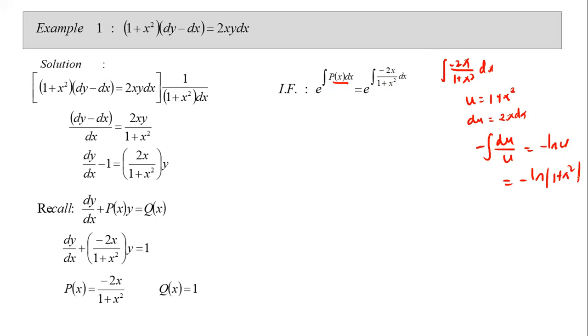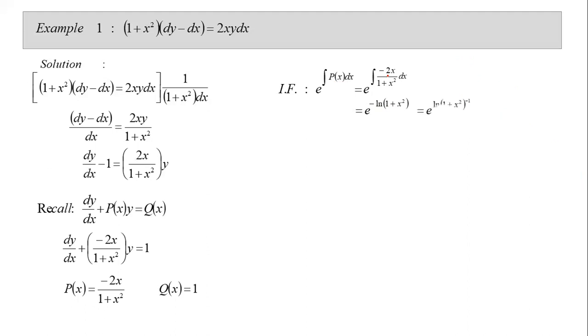Our integrating factor can now be written as e raised to the negative ln of 1 plus x squared. To simplify, by the law of logarithms, that's e raised to ln of (1 plus x squared) raised to negative 1.